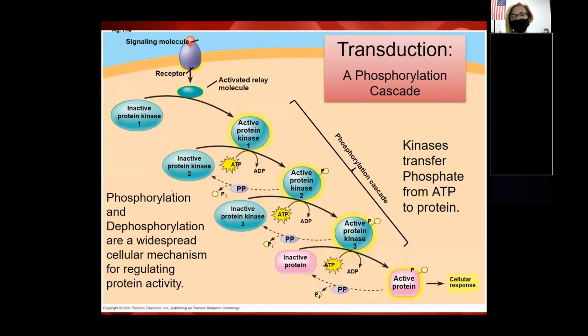So a review of that cascade, because that is kind of a confusing piece, right? So we had our receptor received a signal, activated a G protein, which is not necessarily shown in this, which activates cAMP, remember cyclic AMP, which is our primary kinase. So then that kinase, remember, they phosphorylate other molecules.